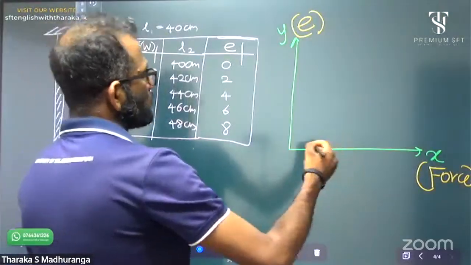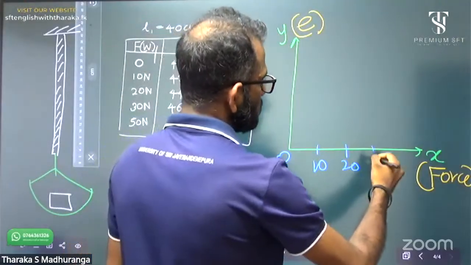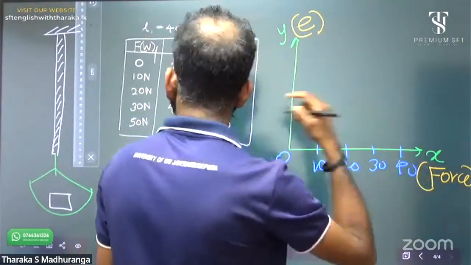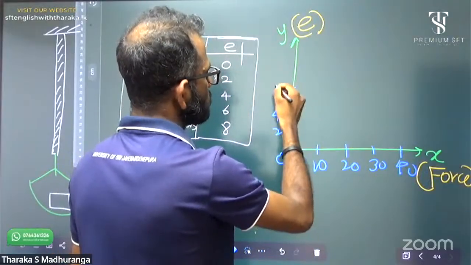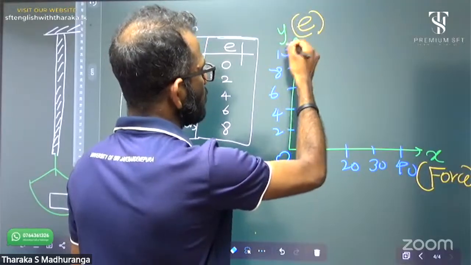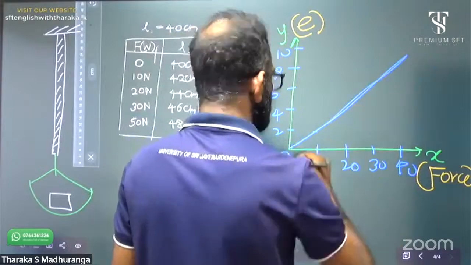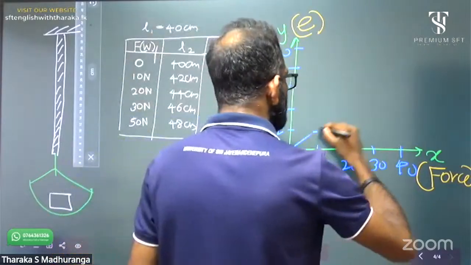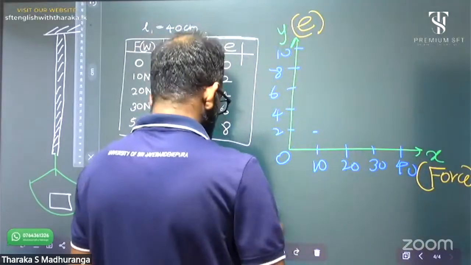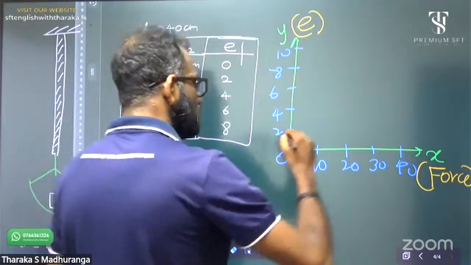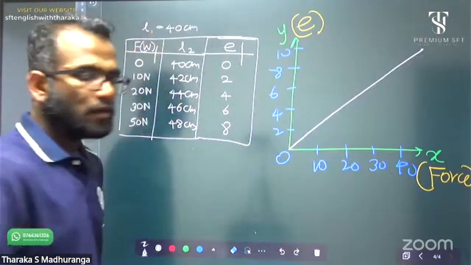The applied force is 0, 10, 20, 30, 40, 50, then extension 0, 2, 4, 6, 8, 10. If you mark this data, you get a graph. It is a straight line passing through the origin. Clear?